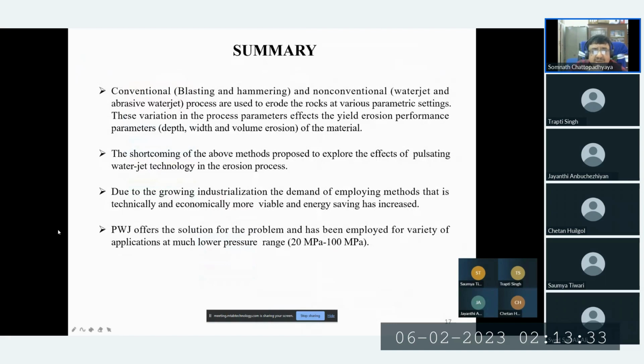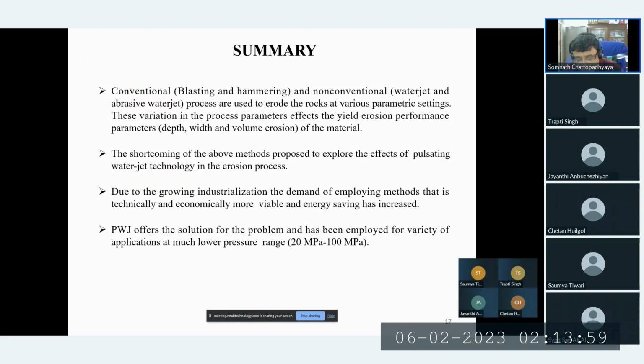So the summary is that conventional blasting and hammering and non-conventional abrasive water jet are used to erode rocks, but there are some operational hazards. The advantage of PWJ, that is pulsating water jet, is that it is a solution for the problem and has been employed in a variety of applications at lower pressure.